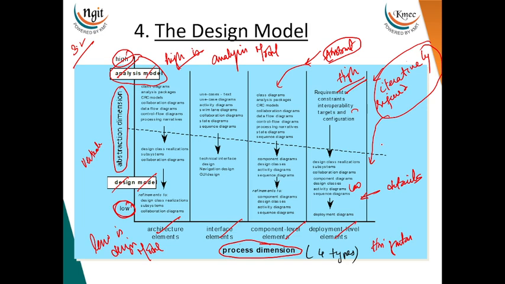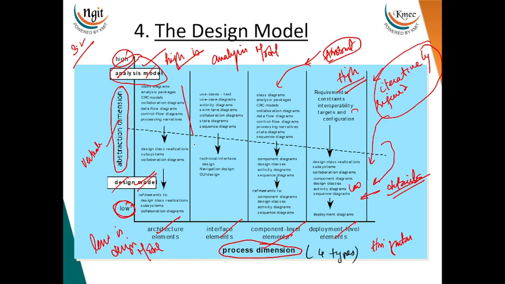So once you go deep, all the details are available here. The point is very clear. In the design model, if I draw a graph, on a horizontal line I go for the process dimension, on a vertical line I go for the abstract dimension, and in the analyze model it's very high, and in the design model it's very low.